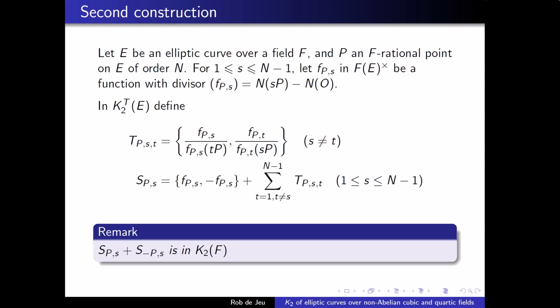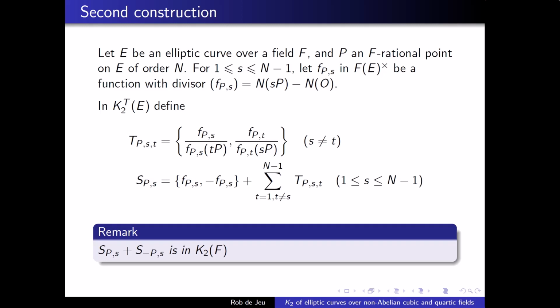Okay, let's now switch to the full construction with this integrality criterion. So I told you it's easy to create elements in the kernel of the tame symbol if you have points on a curve with the difference being torsion in the Jacobian. So on elliptic curves it's kind of easy, you just take a point of order n, and in the subgroup that it generates, you'll have lots of differences that will have this property.